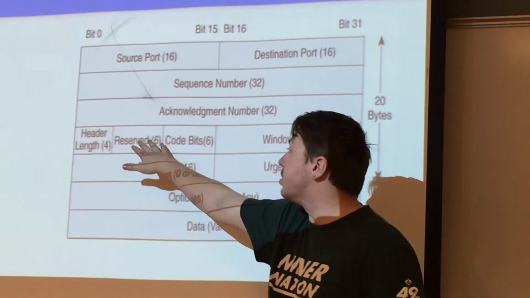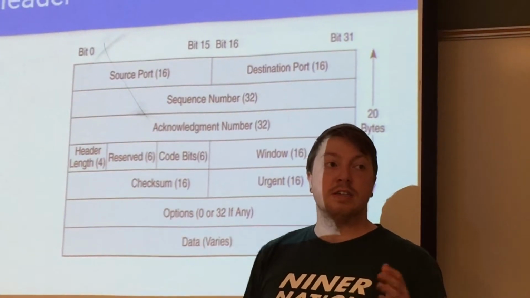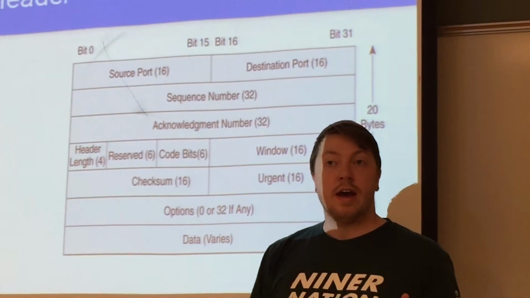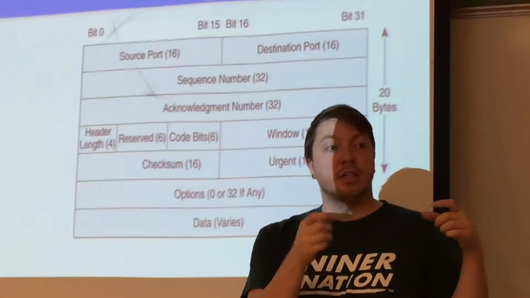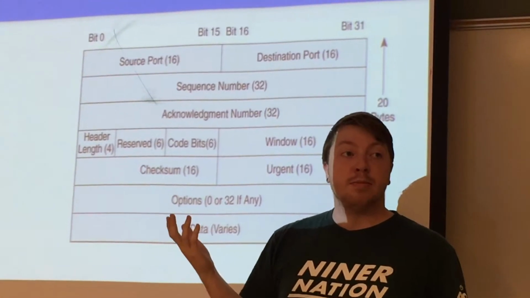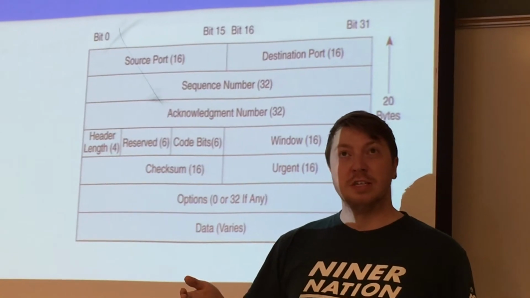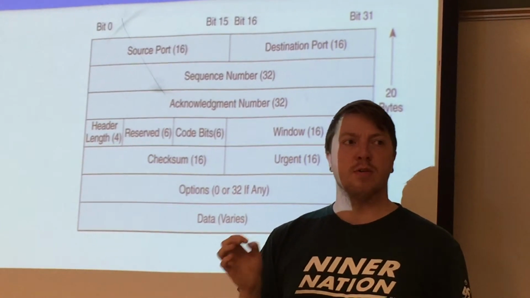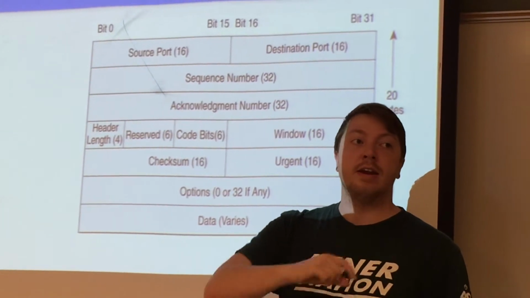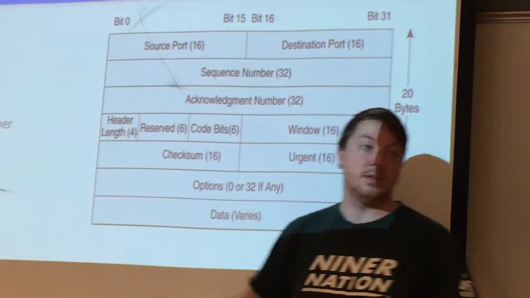But basically this is just reserved for expansion. There is a set header size, and they said we need some space to expand in case we design new features. They ended up using that later on when they added, I believe, congestion control or some other specific feature. I don't remember off the top of my head which one, but they added extra code bits out of this reserved spot.